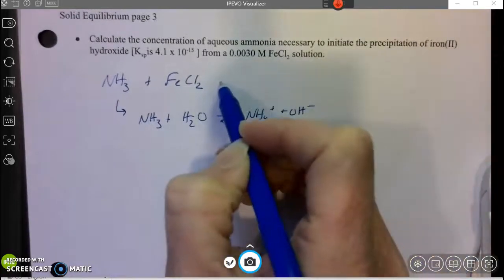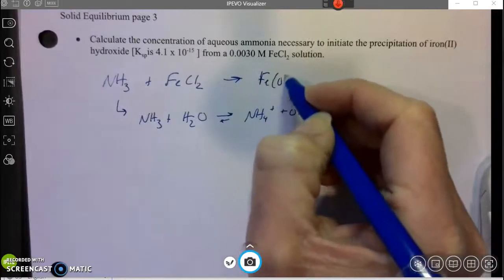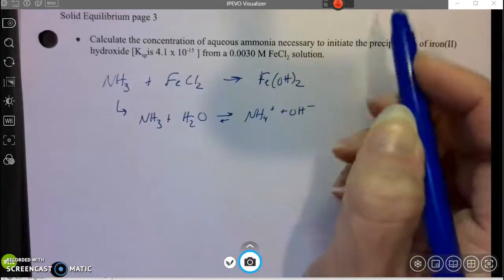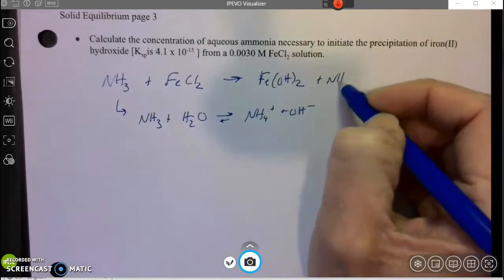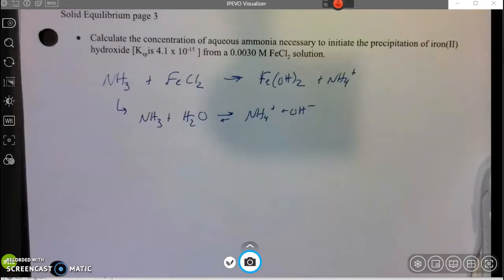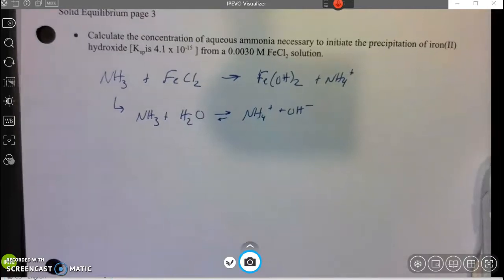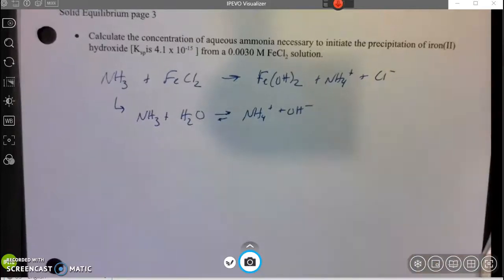So that's where this hydroxide is coming from. Then this would be with your chloride ion to finish that one out.